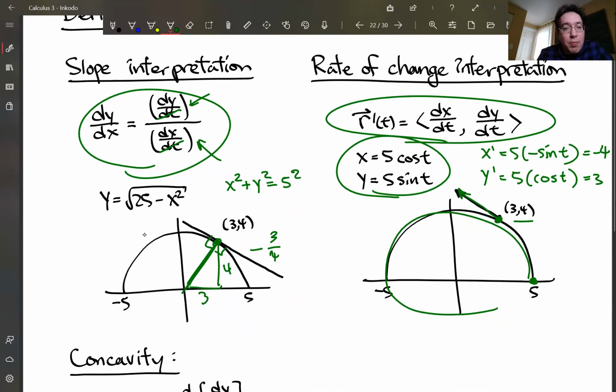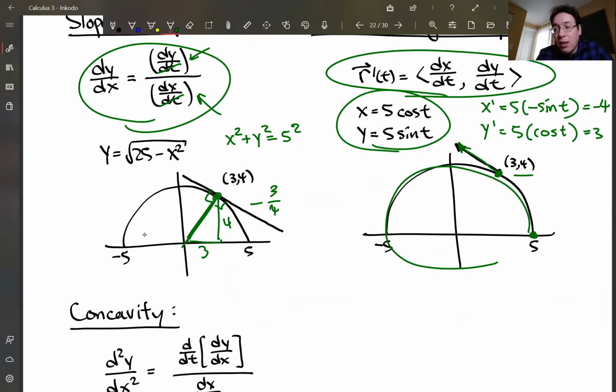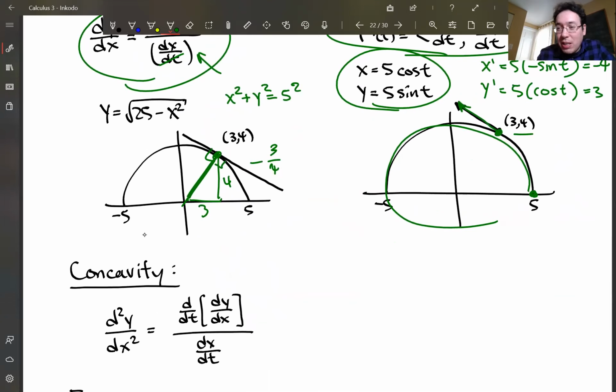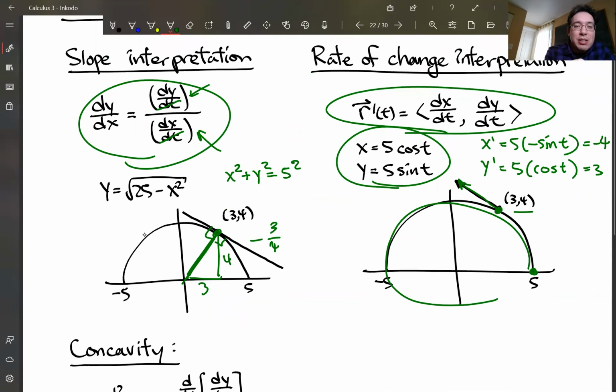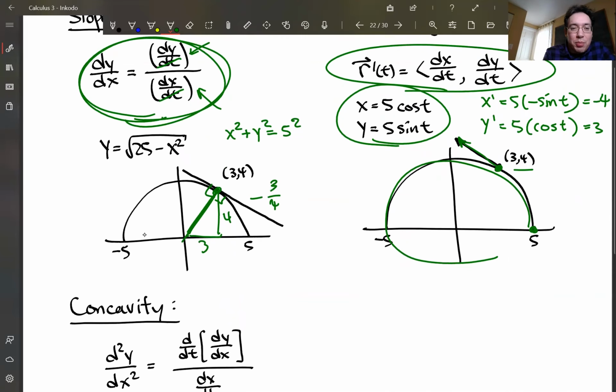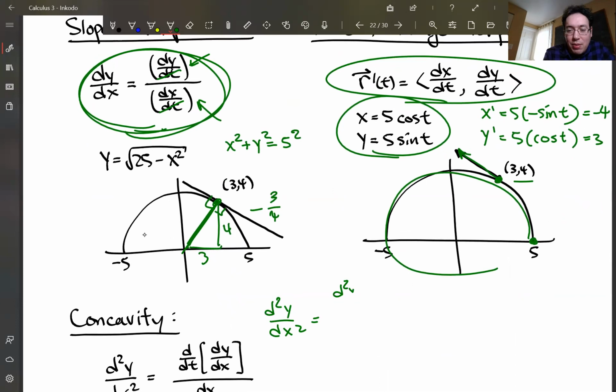Okay, if I'm talking about a slope, then maybe I want to talk about the concavity of the curve itself as well. And there it's a little bit trickier than you might first imagine. You might think, well, if this is the formula for the slope, then the second derivative might be the second derivative in the y direction divided by the second derivative in the x direction.